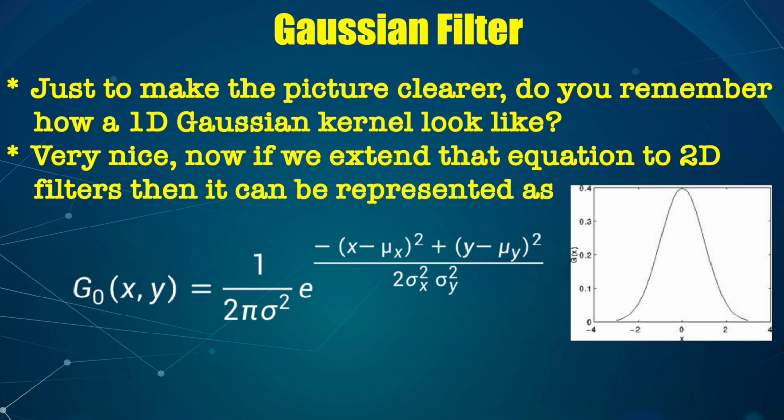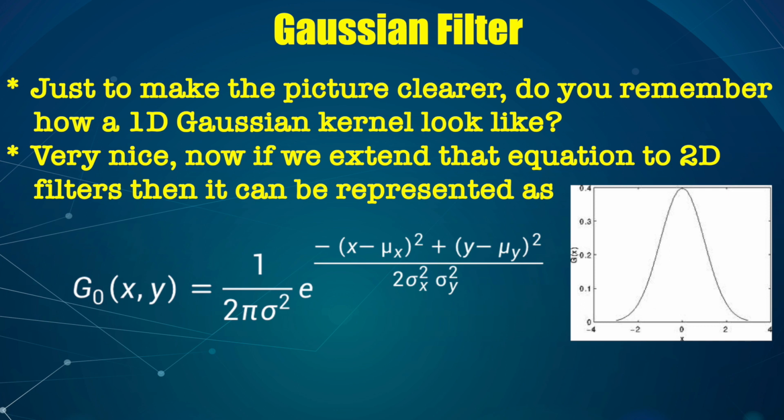This equation will become two-dimensional. Here it will be a function of x and y both. So g(x, y) is equal to, an exponential term is there, and before the exponential there was a coefficient, that is 1 upon 2 pi sigma square, times e to the power of minus ((x minus mu x) whole square plus (y minus mu y) whole square) upon 2 sigma square.